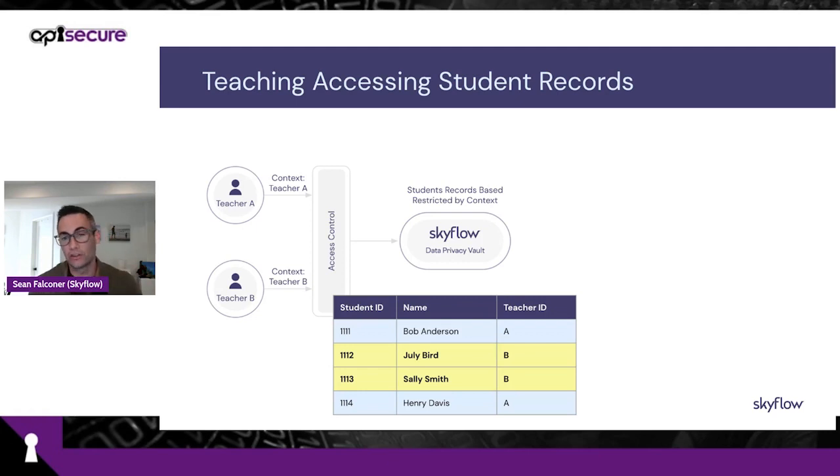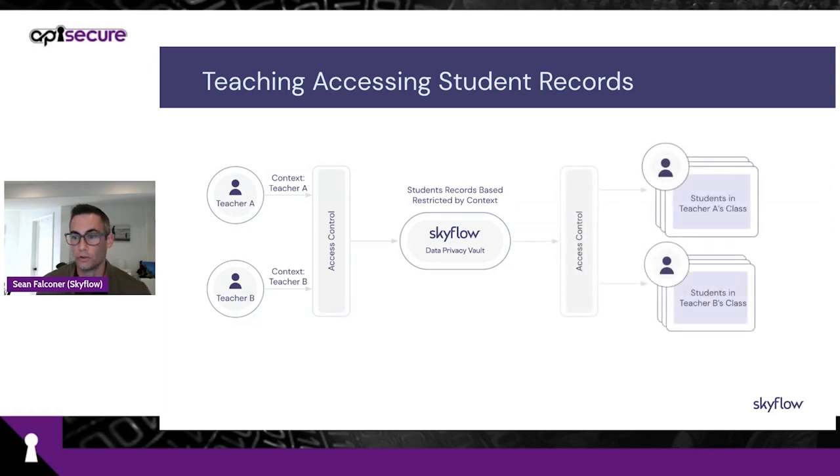We can execute exactly the same list API call or the same SQL query against the APIs for the vault, regardless of who the teacher is, but return a different subset of data based on this contextual information. So now we're generating a list of students for teacher A that's only for teacher A's class, and a list of students for teacher B that's only for teacher B's students.